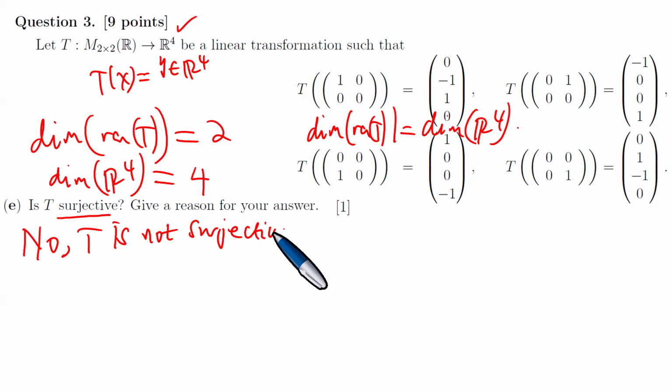Right, so T is not surjective. Why is T not surjective? T is not surjective since we compare the two dimensions.